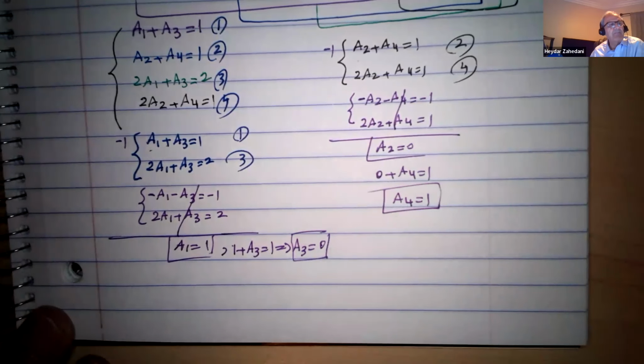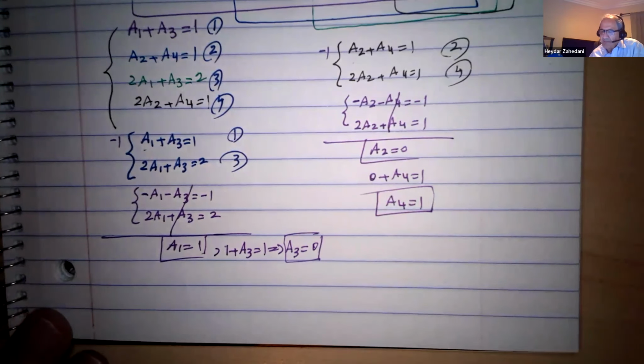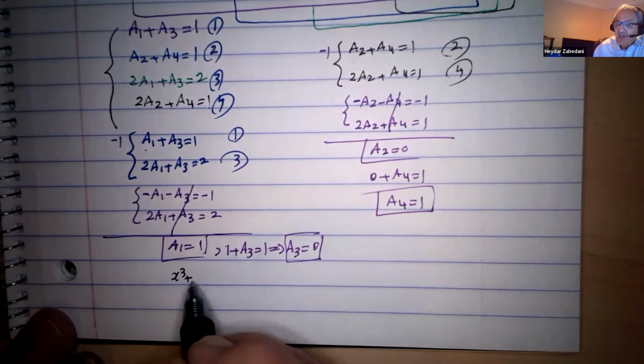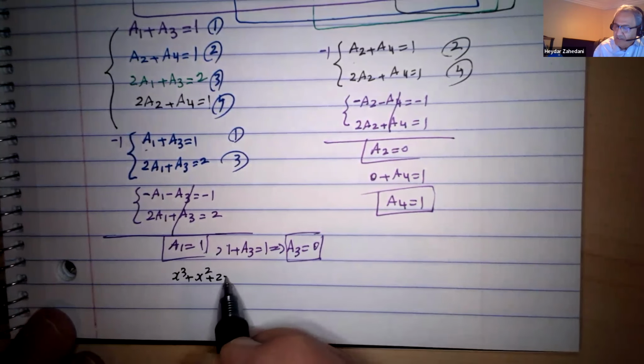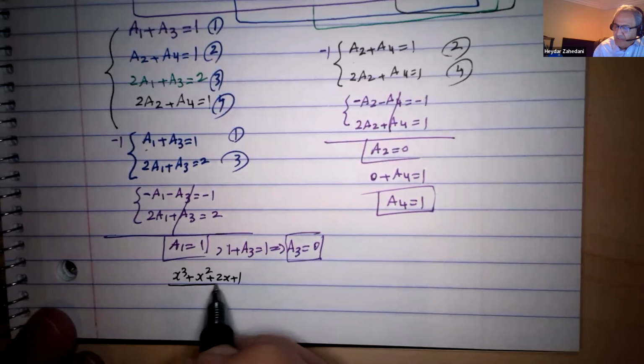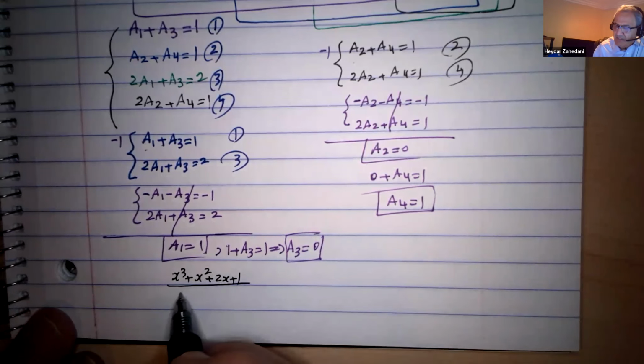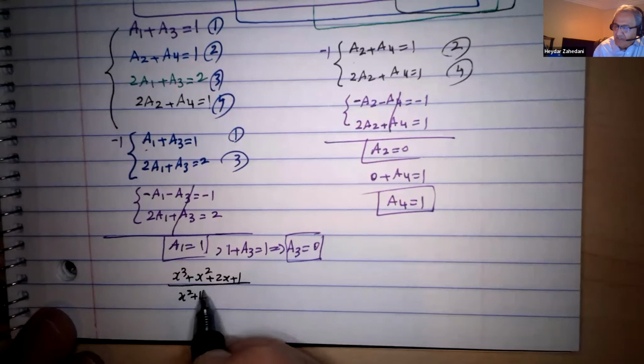There we are. So I have all the numbers that I need. I go back and rewrite it, and this is what we're going to get. It's x cubed plus x squared plus 2x plus 1, divided by x squared plus 1 times x squared plus 2.